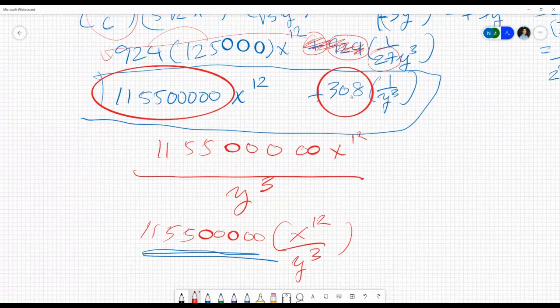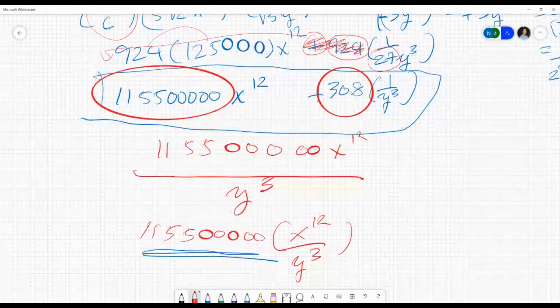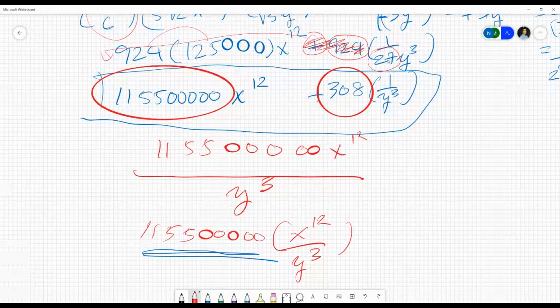Did you multiply 308? Well, what is this 308 here? You didn't divide by 27 yet, did you?